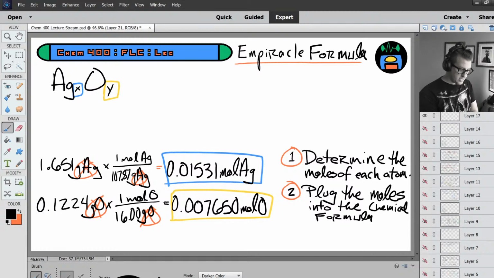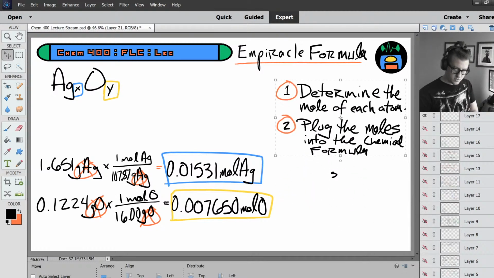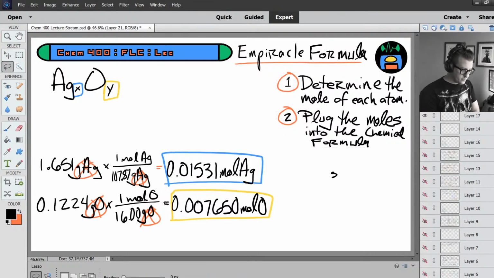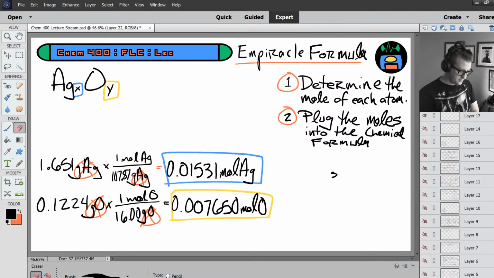All right, that is your step 2. You determine the moles of each atom, and then you plug it into your chemical formula.